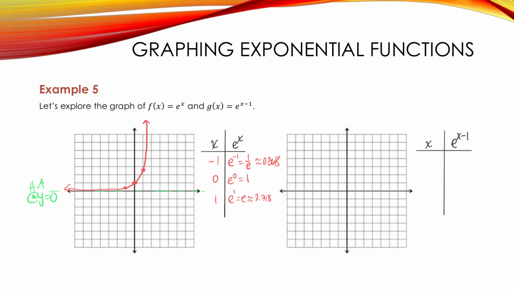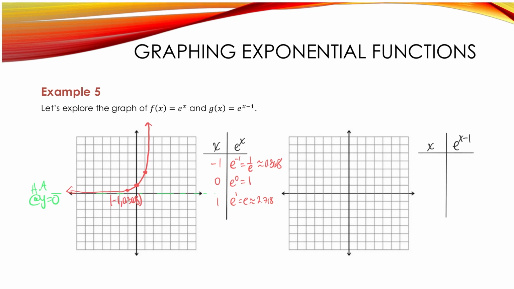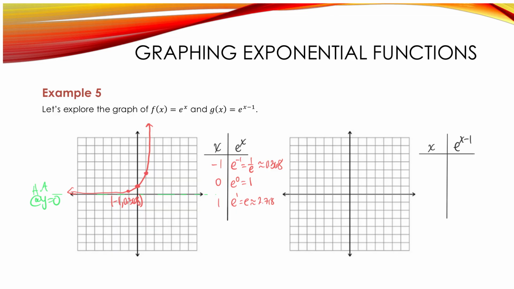It's still increasing. It still goes through 0, 1. So it's not all that different than what we've been seeing. So we have here our negative 1, 0.368, 0, 1, right? And 1 and 2.718.